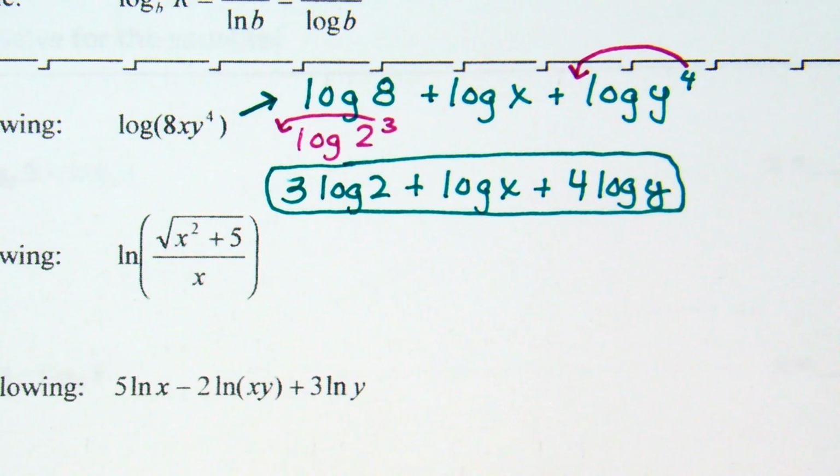Okay. Try the next one. Natural log of the square root of x squared plus 5 all over x. Where would you like to start? Inside the log. What is there and how do we deal with it?